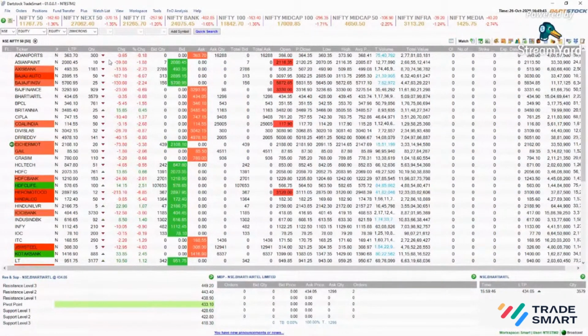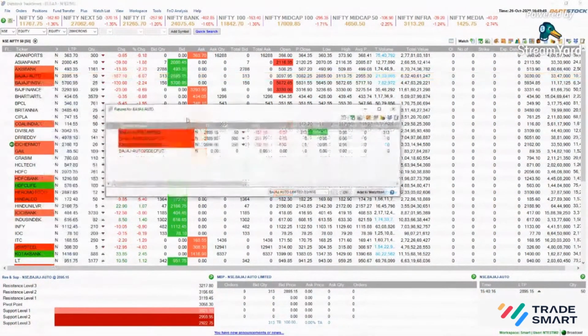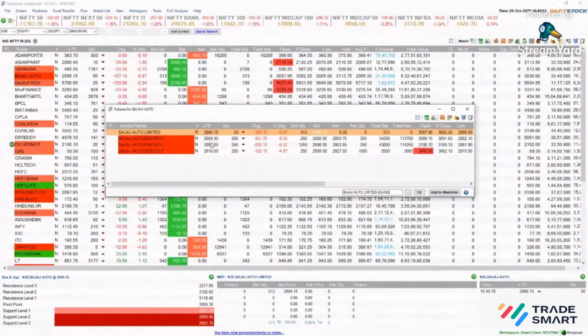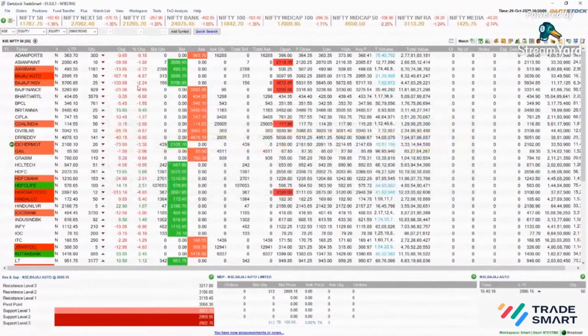Coming back to the convenience aspect, Bajaj Auto futures, if I want to pick it up, in one shot I got all the futures as well as the spot price. Those who trade on spreads by looking at the spot and the future price can fairly see the prices and bid ask. It's a mini watch specifically for Bajaj Auto with respect to futures.